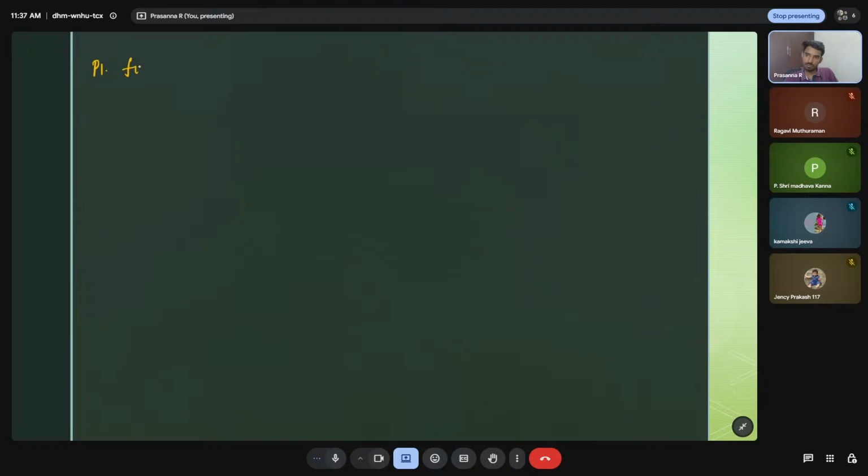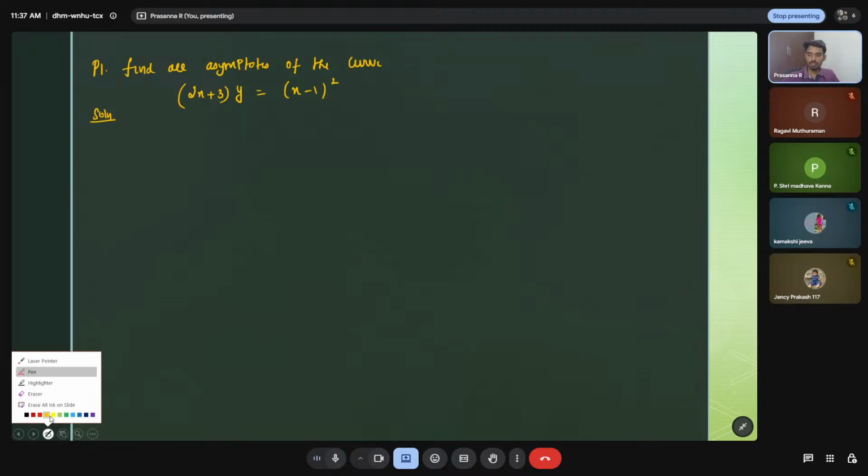Find all asymptotes of the curve (2x plus 3) y equal to (x minus 1) whole square. So we will find all asymptotes. First we have a function of x, y.